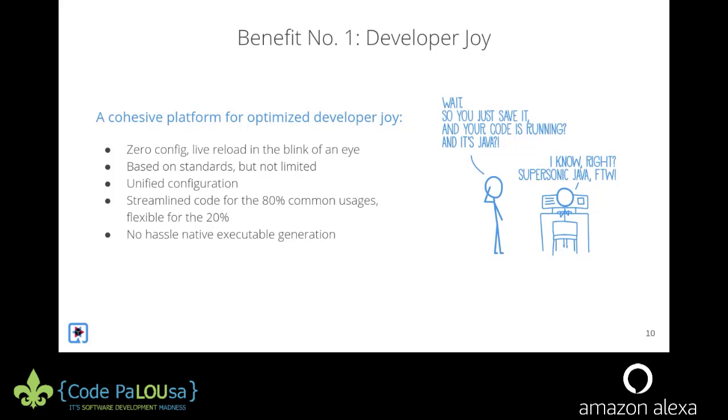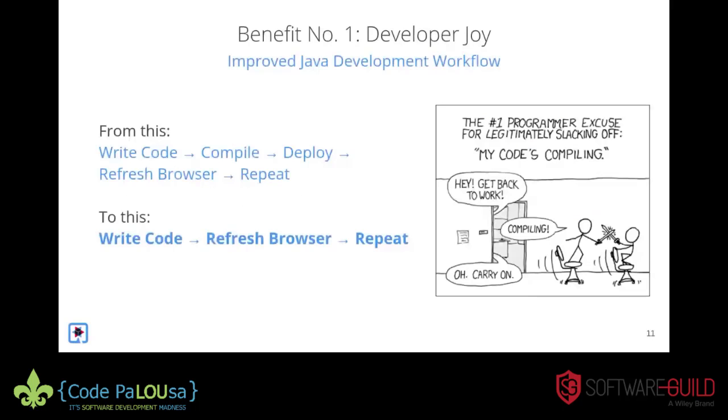Live coding really addresses that, because let's face it, it can be a major drain on productivity, and that compile, redeploy cycle can take minutes, which doesn't seem like a lot, but if you compare that to seconds with Quarkus, then you're in a totally different realm as far as application development.